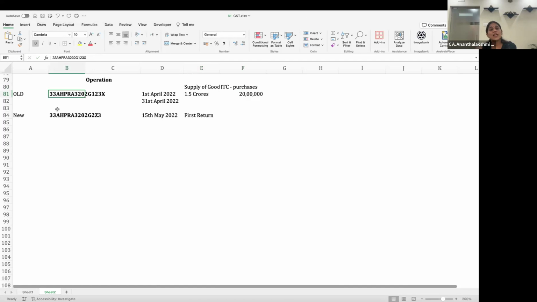But you are going to file the return under the new GSTN number, correct? So you have supplied goods under the old GSTN number, you have obtained ITC with the old GSTN number, but while filing the return, you will be using the new GSTN number, and the sales of this 1.5 crore will be captured in the first return. You will be making the filing using the new GSTN number alone.